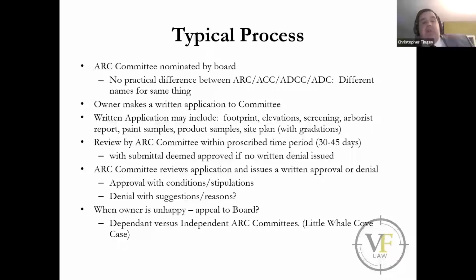Now, what I don't want you to confuse, and I'm not saying that Jackie's question or statement is wrong because I don't know what her documents say, but oftentimes there is a provision that says any alteration or improvement or addition over a certain amount of money, $500 or $1,000, the association needs to be made aware of it. It's not tied to the application. It just says it needs to be made aware of it.